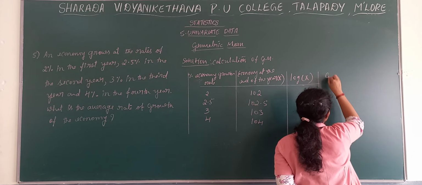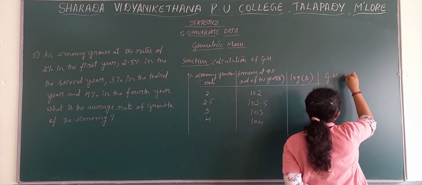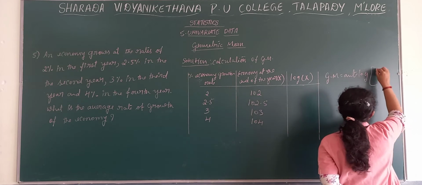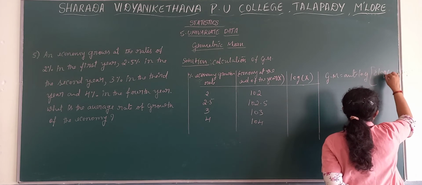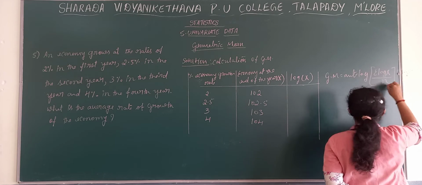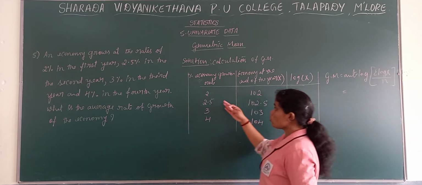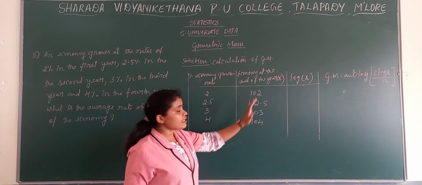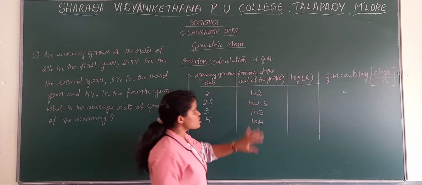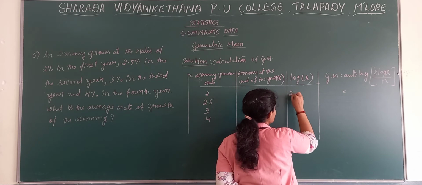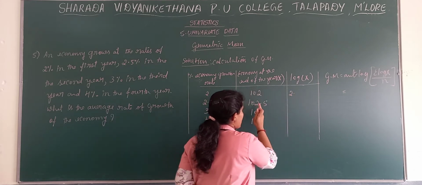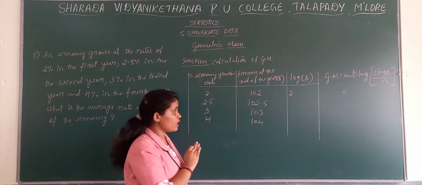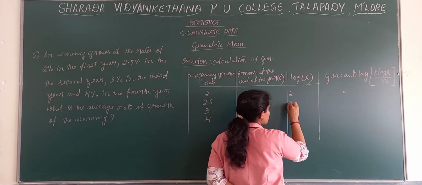So here geometric mean is equal to antilog of sigma log X by small n. N we know that we have 4 values. Now find out the log. Write the characteristics. 3 digits are there, minus 1, 2 point. As I said, when we write the characteristics, we need to see the digits before the decimal. 3 digits, 2 point.